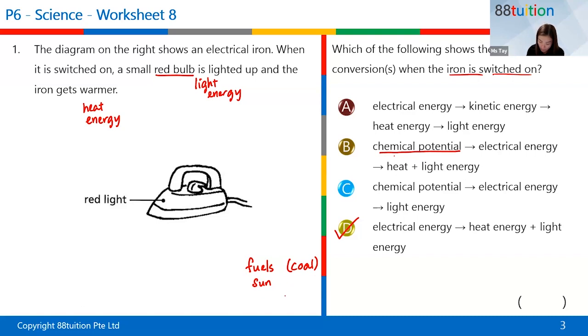So, sun is solar energy. What else? Remember running water? Last lesson, there was running water in the question. The source of running water is gravitational potential energy, leading to kinetic energy, eventually leading to electrical energy. So can we say that it's always chemical potential energy?